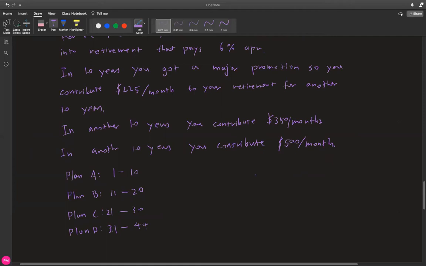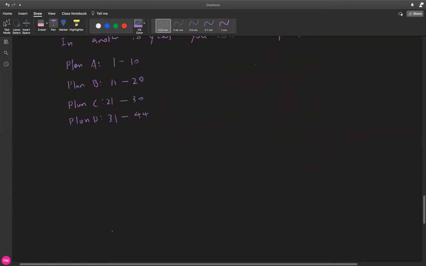So I'm going to create a table with these plans. Let's say the first column represents the plan: plan A, B, C, and D. The contribution is the second column.